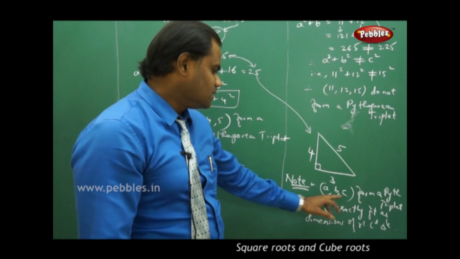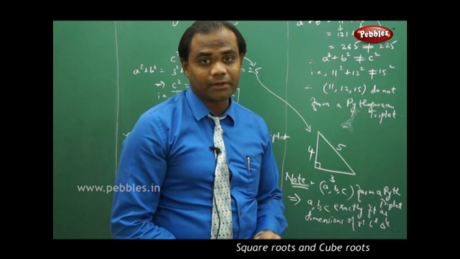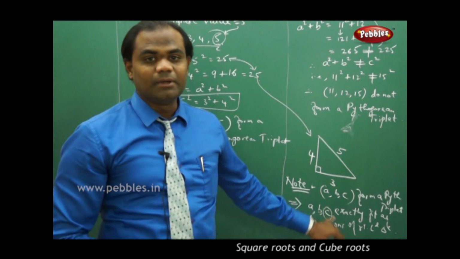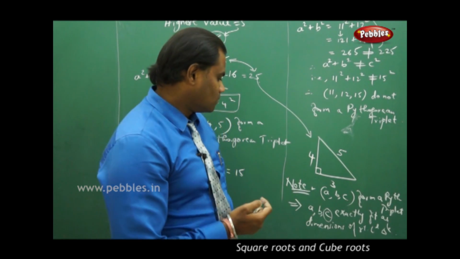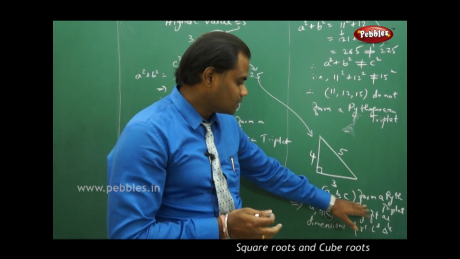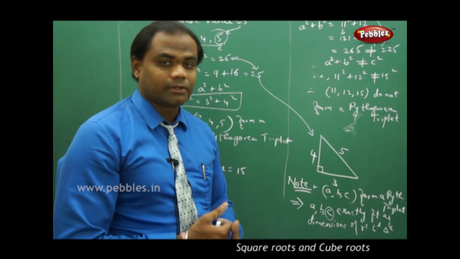So if A, B, C form a Pythagorean triplet, they exactly fit as dimensions of a right angle triangle. Of course, C being its hypotenuse and A and B being the other two sides, which include the right angle. So this is how I geometrically understand the Pythagorean triplets, connecting the algebraic understanding to the geometrical concept.